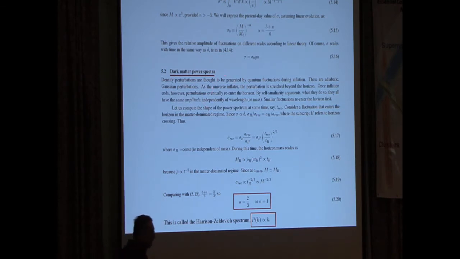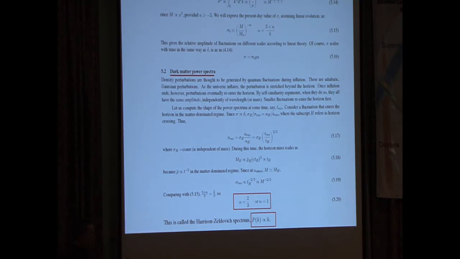So as I said very quickly a few minutes ago, in the standard model of cosmology, the perturbations in the density field are due to quantum fluctuations during inflation. And these fluctuations are adiabatic and have a Gaussian distribution of amplitudes. Now, as I said earlier, as the universe inflates, the perturbation stretches beyond the horizon.